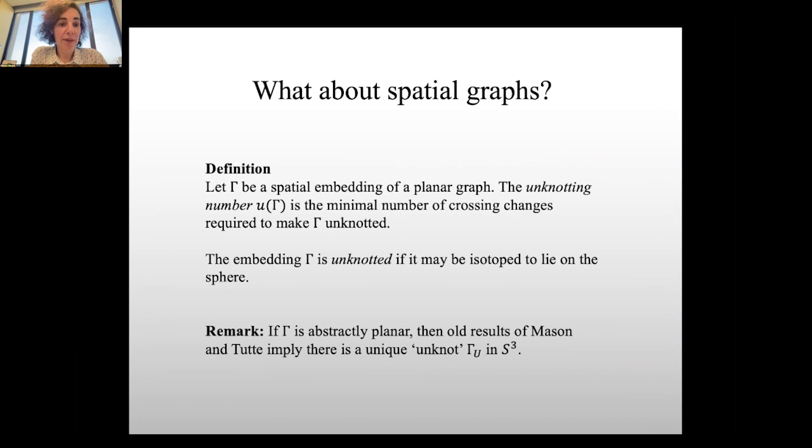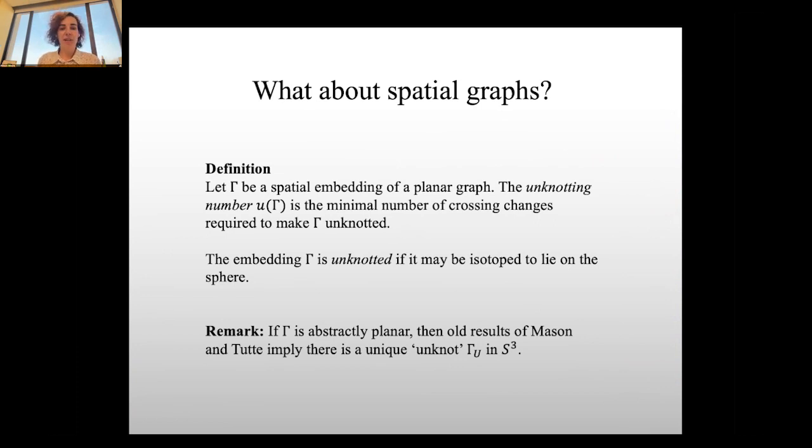The embedding of the planar spatial graph is unknotted if it can be isotoped to lie on the sphere. If we don't have a planar graph, we clearly cannot isotope it to lie on the sphere without some sort of extra crossings. And so we won't really have a natural definition of an unknot in this case.